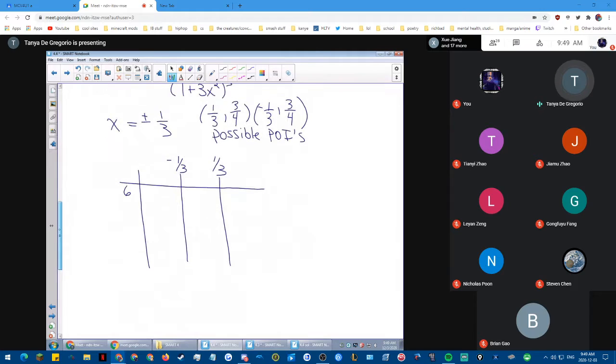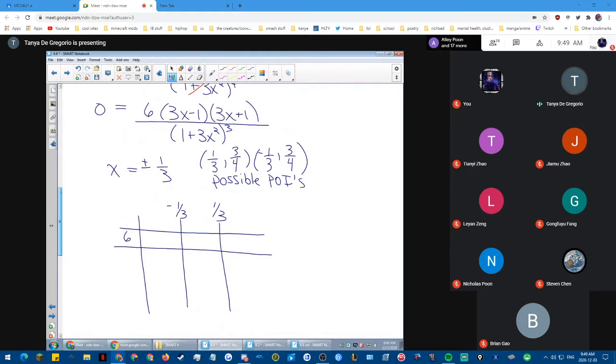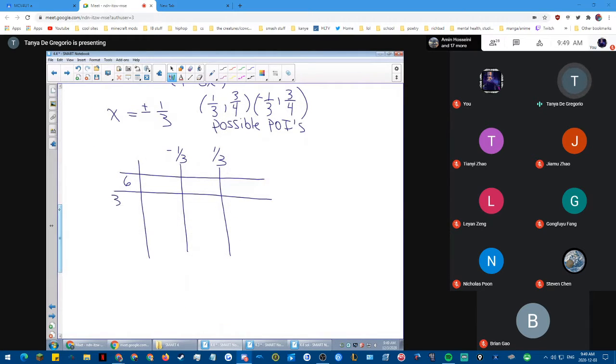I'm going to leave it in just for the lesson, even though it's not needed, just to remind you that sometimes constants do have to go in. Okay, and then I have 3x minus 1, 3x plus 1, and I want to find out where my second derivative is positive and negative. So go ahead and do this sign chart, and you guys tell me what you get.